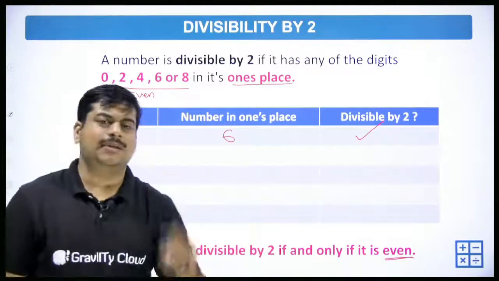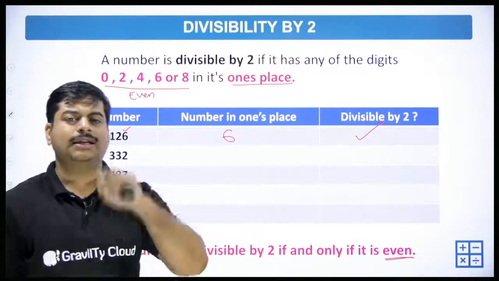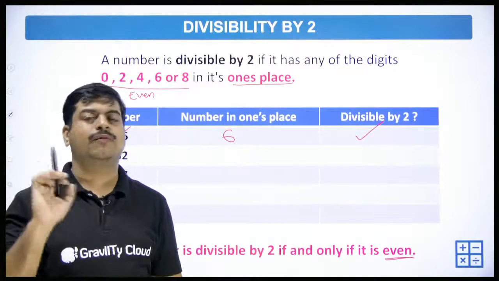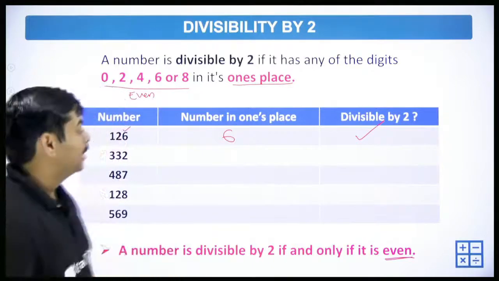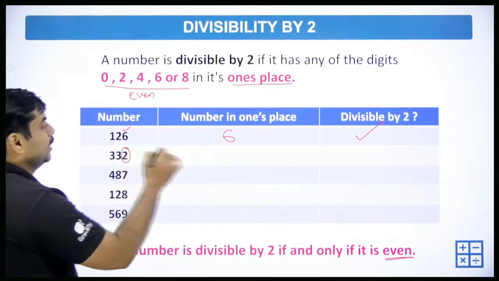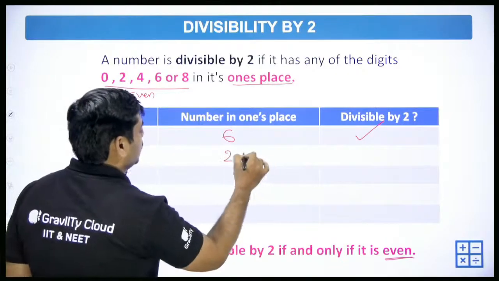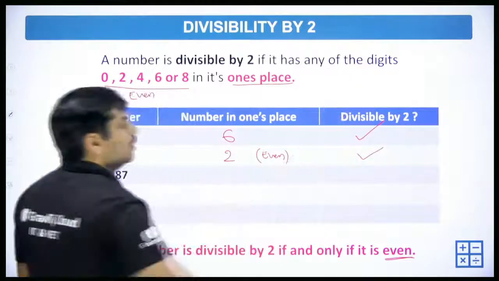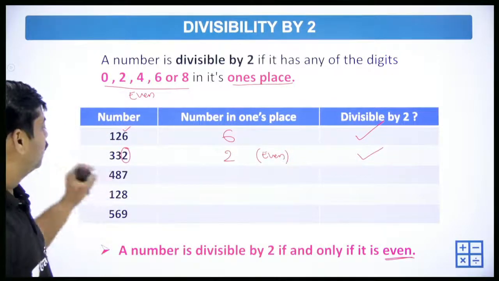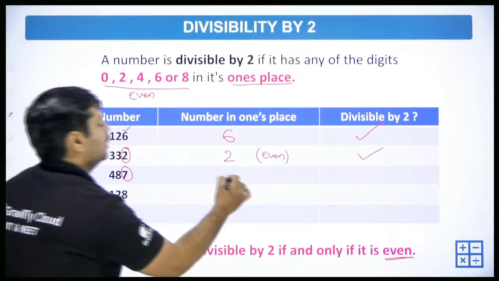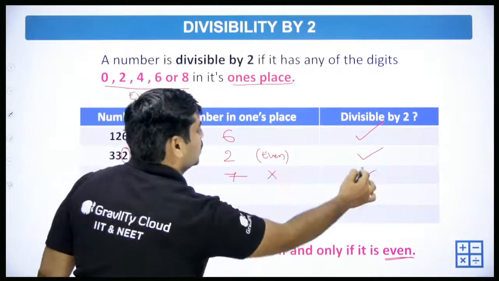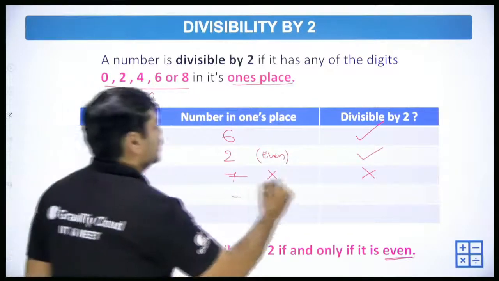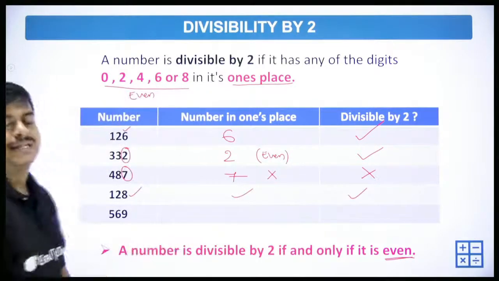So just by seeing the number, even or odd: even means it is divisible, odd means no. Even 100%, odd 0%. 332, the ones place is 2, an even number, so it is divisible by 2. 487, 7 is not an even number, and so it is not divisible by 2. 128, yes, 8 is an even number, 8 is in the ones place, right?